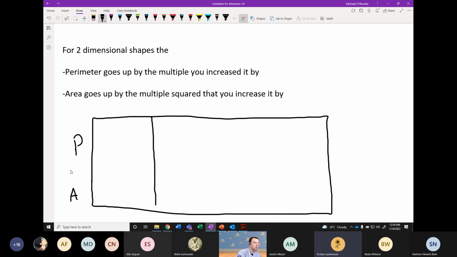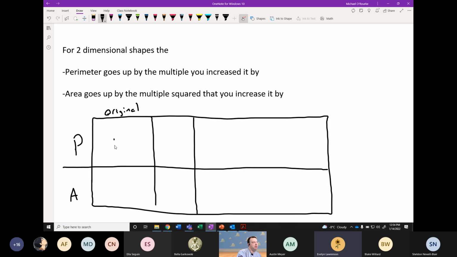Perimeter, area. So let's say the original has a perimeter of 10 and an area of, let's say, 20. If I double it, double is 2.